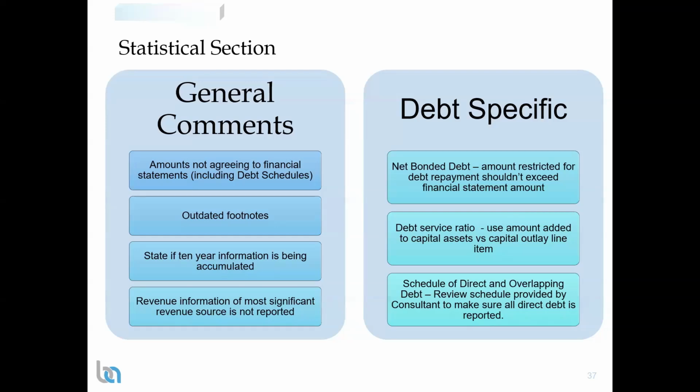Debt service ratio. This is a bit of a confusing area. You have capital outlay on your fund financial statements or in your governmental funds, but not 100% of that capital outlay may be capitalized. And also you may be capitalizing items that are not reported in capital outlay.